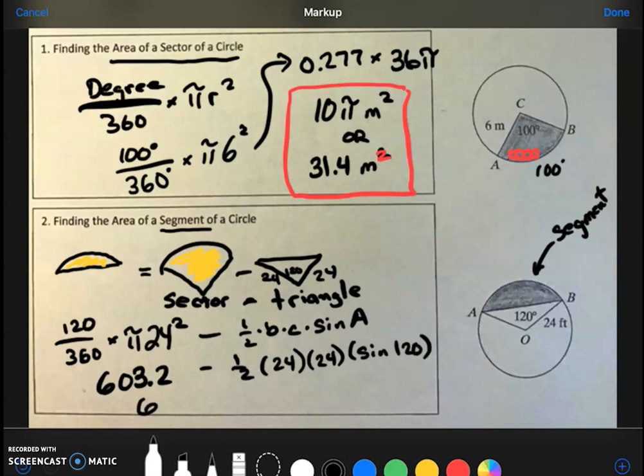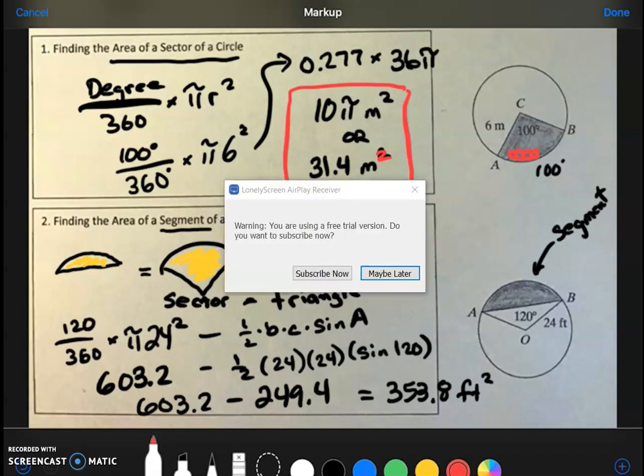I'm saving us time. I know the area of the sector was 603, and the area of this triangle, if I punch all that into the calculator, is 249.4. You subtract the sector minus the triangle, and you end up with an answer of 353.8. And this would be feet squared. That is the area of the segment here in red.